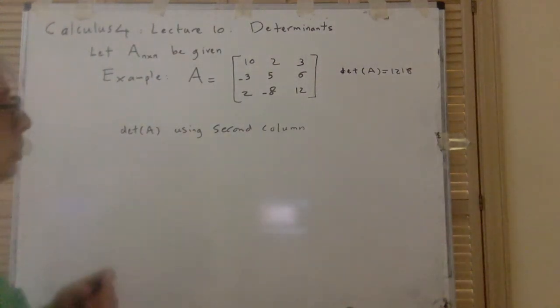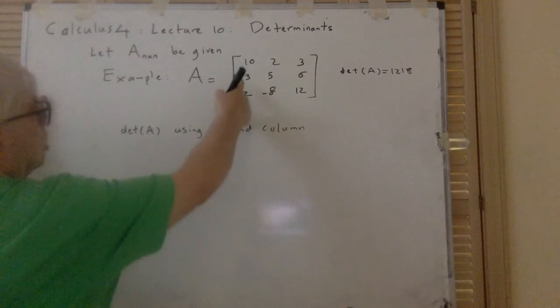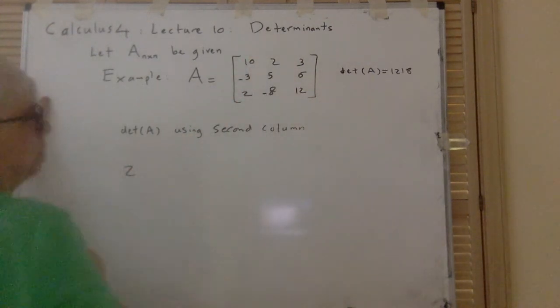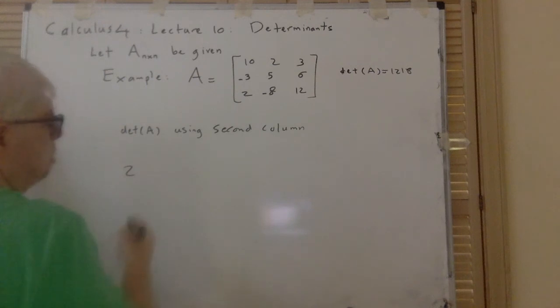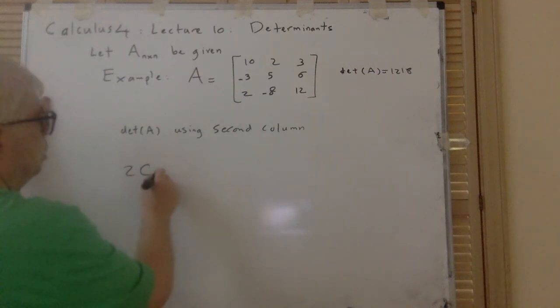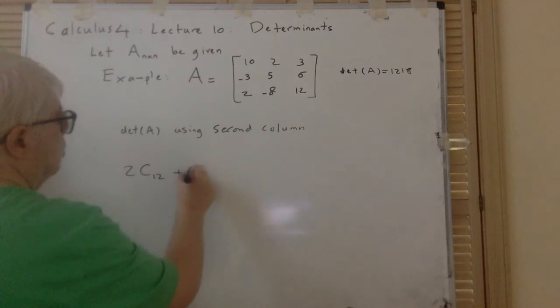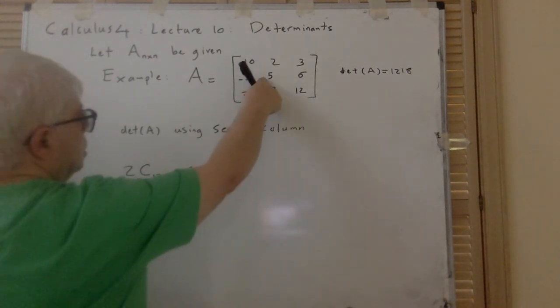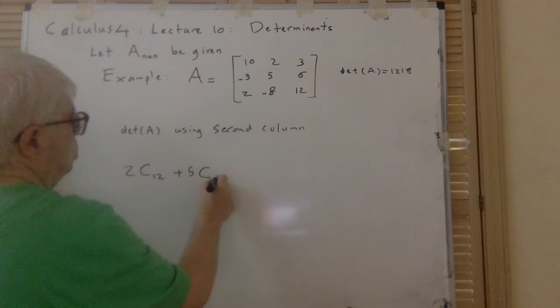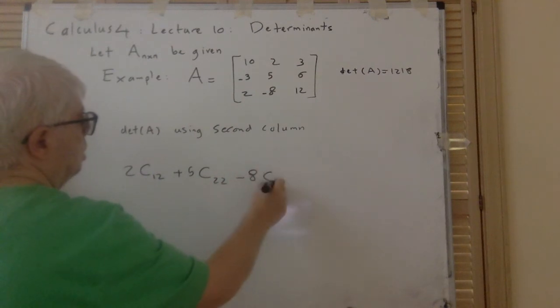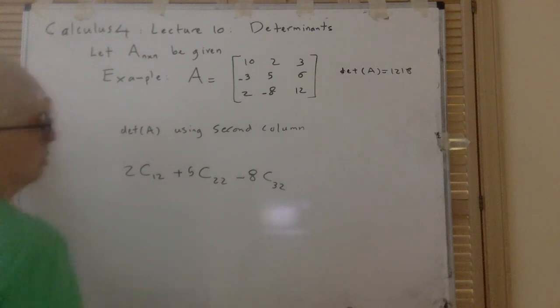Now, if I use the second column, I have 2 times something. 2 times C, that is 1, 2. Then I have plus 5 C, this is 2, 2, minus 8 C, 3, 2, right? So that is using this column.